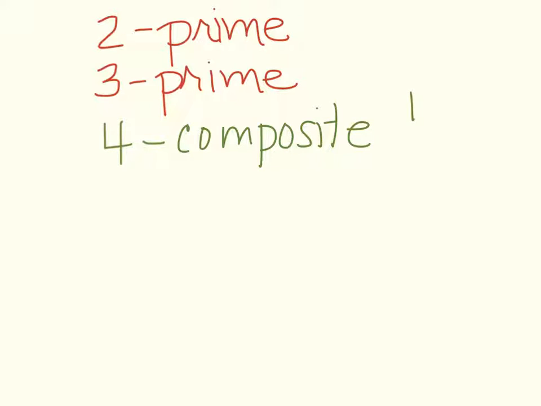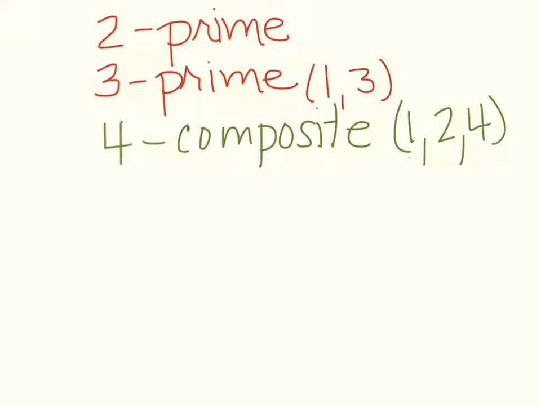Well, I have 1 times 4, but I also have 2 times 2. So I have more than 2 factors. When you list out your factors, get in the habit of listing them like we would normally list factors: 1, 2, 4. Whereas with this, it's 1, 3. Here, 1, 2.